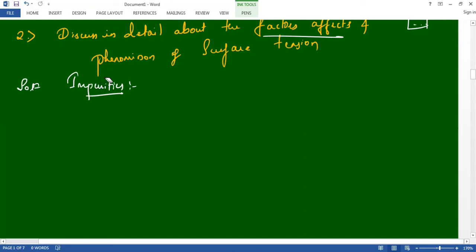Let us write that. Impurities present in a liquid appreciably affect the surface tension.